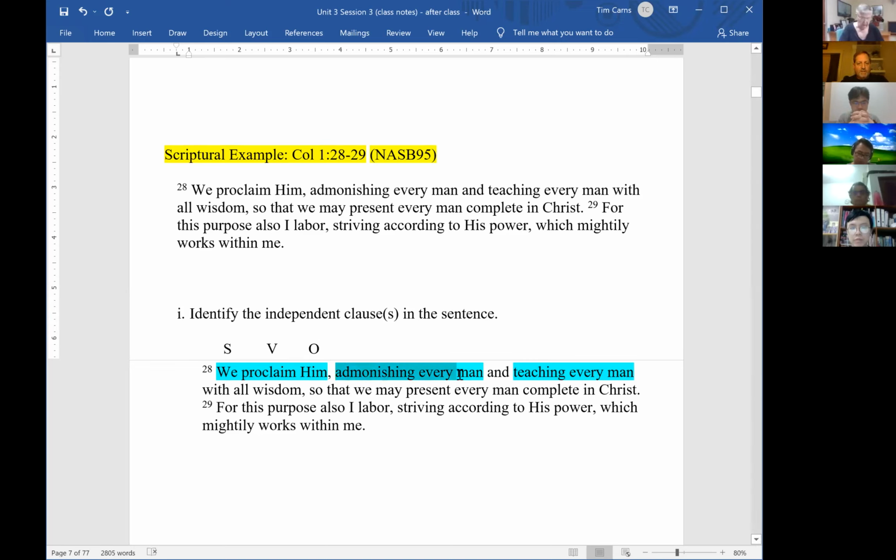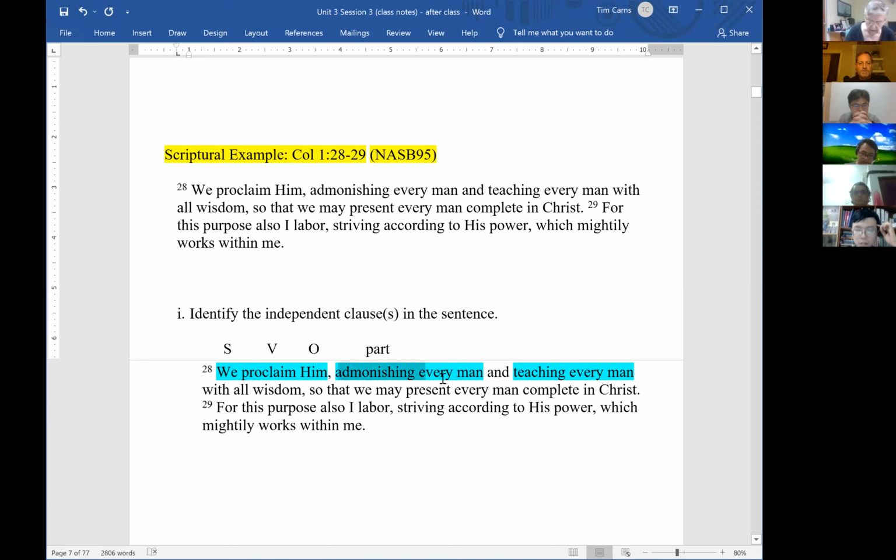Now, let's look at the next one you identified here, admonishing every man. Now, remember, an independent clause will have a subject and a verb. So in this clause, admonishing is a participle, okay? So it's not a regular verb, and there's no subject in this case.